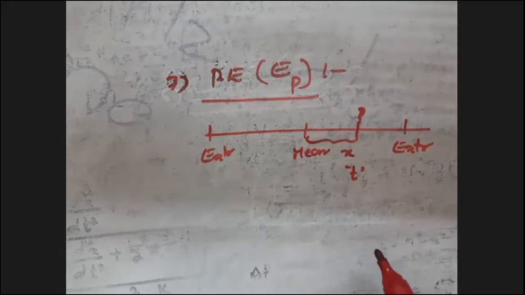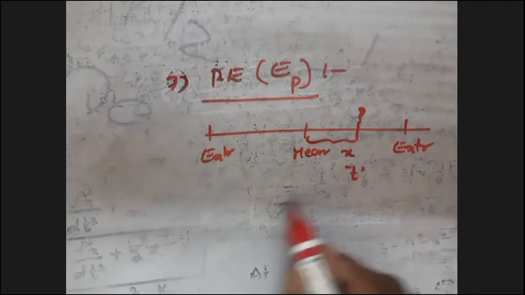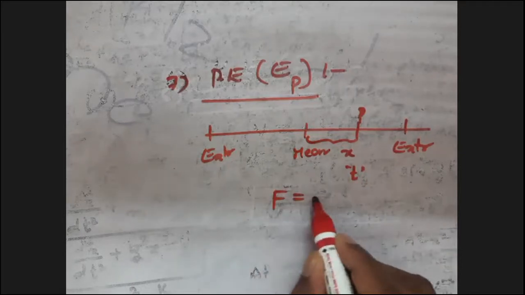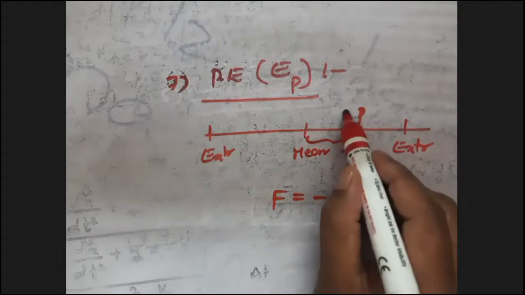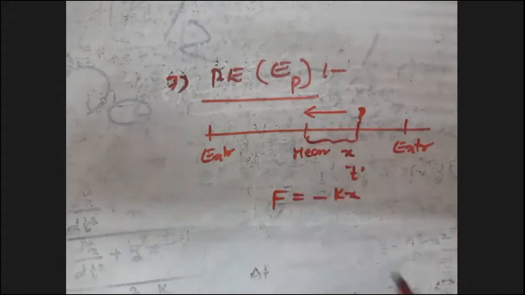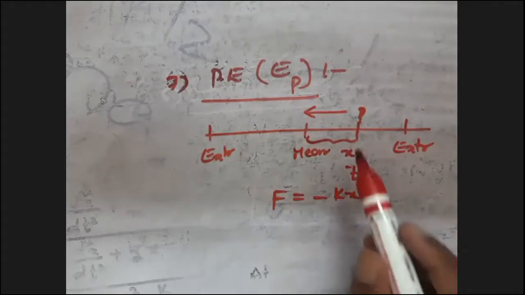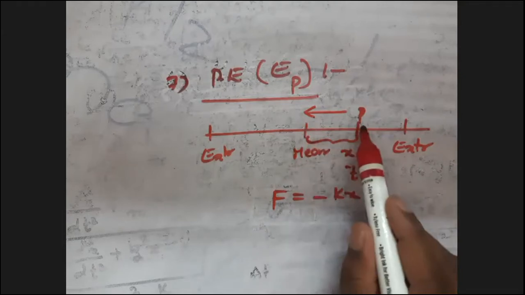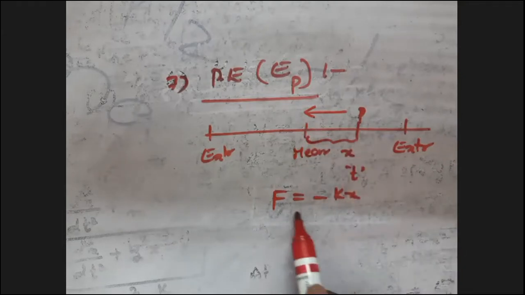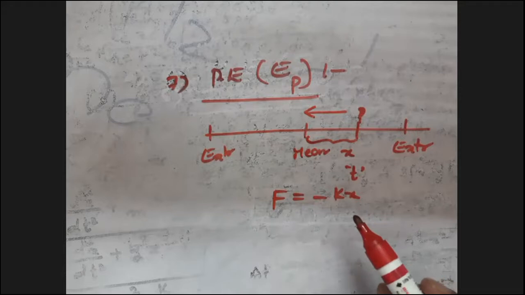Now, the restoring force F is equal to minus kx. This restoring force acts towards the mean position, this side. Therefore, to move the particle from the mean position to the point P, the force to be applied is F equal to kx.